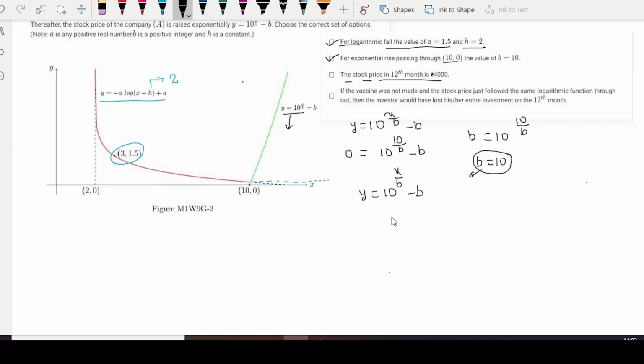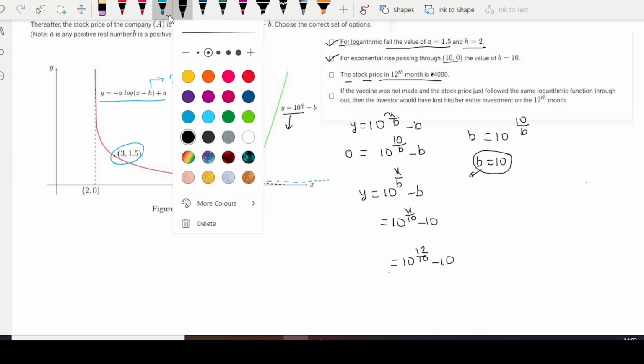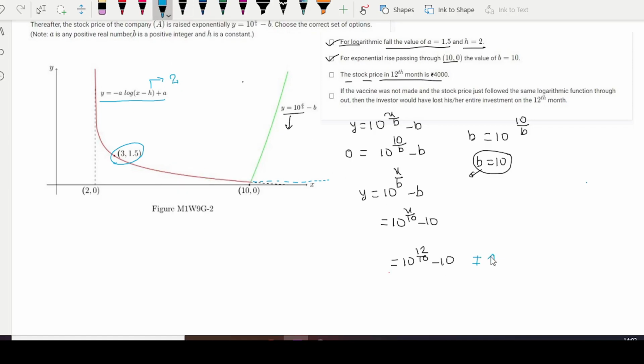We have found b is equal to 10, so it will be x divided by 10 minus 10. So we have to substitute x as 12, so it will be 10 raised to the power 12 divided by 10 minus 10. Its value will not be equal to 4,000, so this option is incorrect.